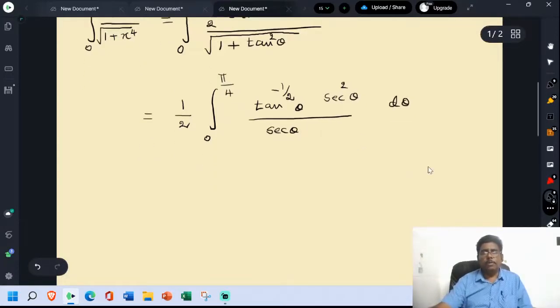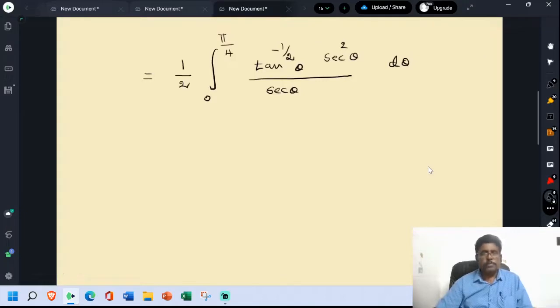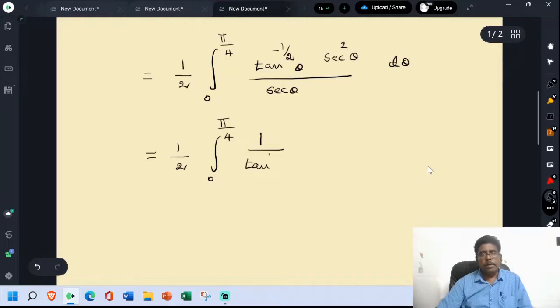Then this is modified as 1 by 2, limit varying from 0 to pi by 4, 1 divided by tan power half theta. This tan power minus 1 by 2 theta is 1 divided by tan power half theta, into secant square theta divided by secant theta d theta, because the root of secant square theta is secant theta. Just cancel these two.